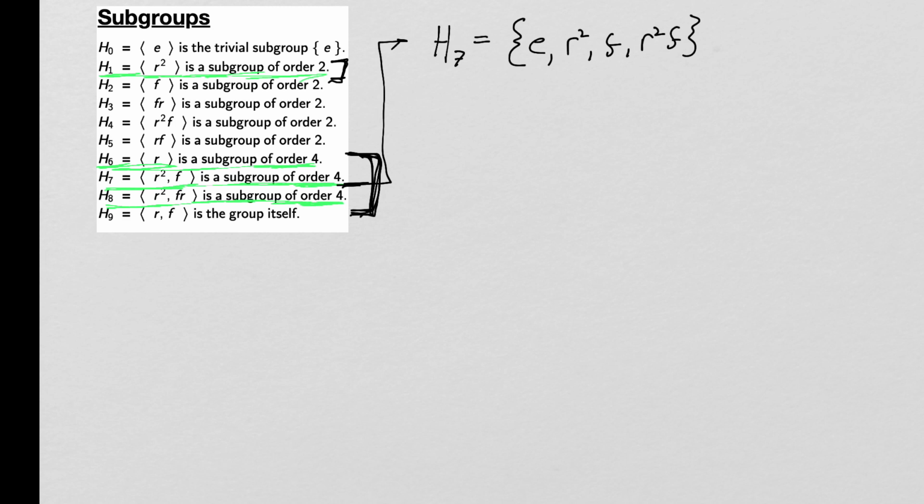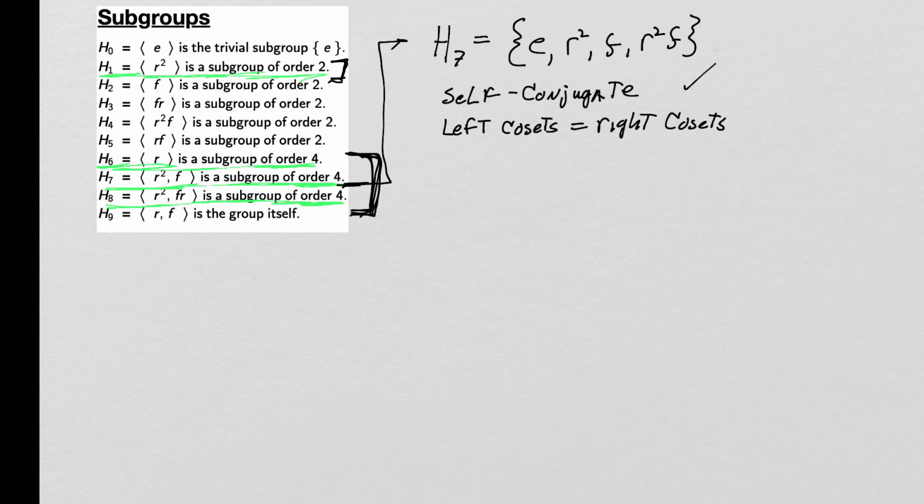Now, to show that this subgroup is normal, there's two ways of doing it. There's actually more than two ways of doing it, but these are the two that we'll talk about right now. One is that they're self-conjugate. This subgroup is self-conjugate, and the left cosets of this subgroup equal the right cosets. And this is a little absurd because these are both the same idea, right? If I write self-conjugate, what I mean is I'm taking the entire set H, and I'm going to take every element of the set H and multiply it by some other element of the group, G, on the left, and then on the right, I'm going to multiply it by that same element's inverse.